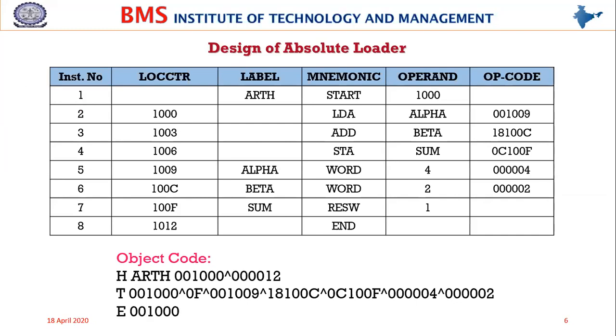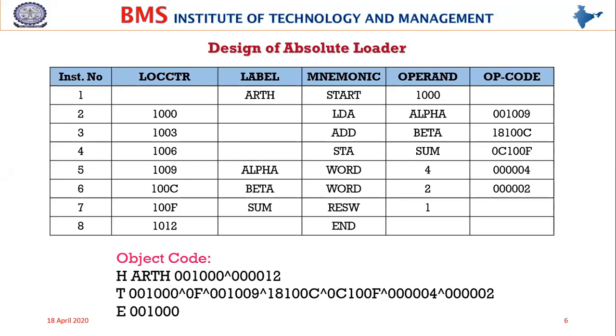For that reason, this is a very simple sort of loader. And the absolute loader has its significance in bootstrap loaders, wherein the operating system or the initial routines need to be loaded into specific locations which are fixed.